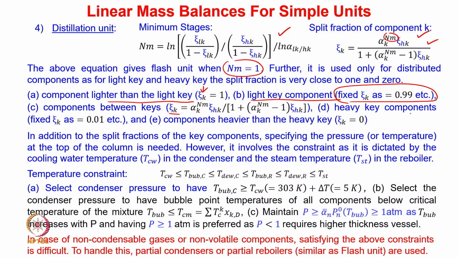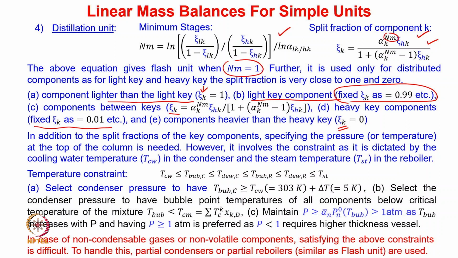Then for the heavy key component, again we specify the value of zeta Hk, typically 0.01. And for anything heavier than the heavy key component, the split fraction is equal to 0. Okay, so with this, our calculations are going to become immensely simplified.